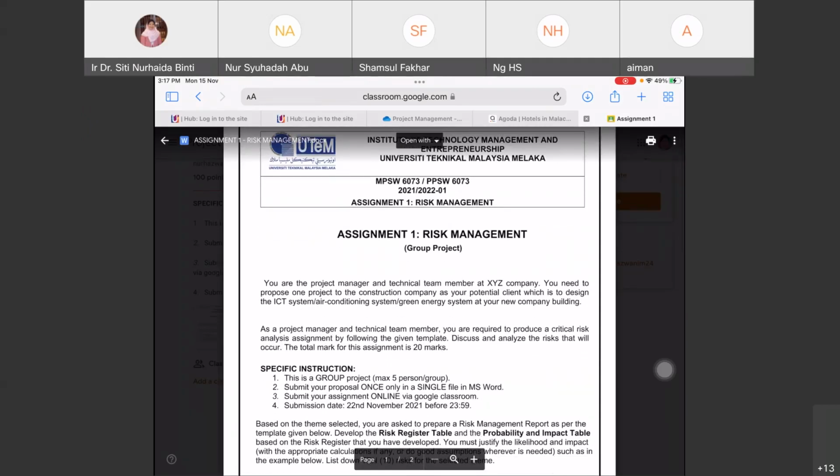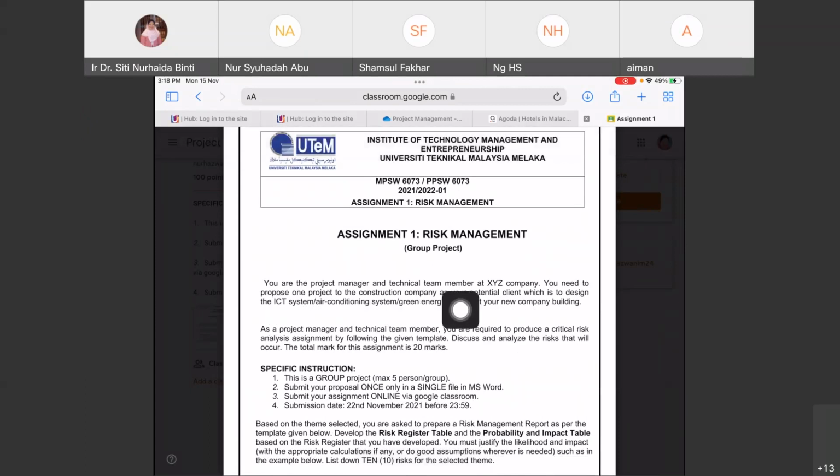So you are the project manager and technical team member of XYZ company. This is the same as your project, isn't it? You need to propose one project to the construction company as your potential client, which is to design an ICT system or aircon system or green energy system at your new company.